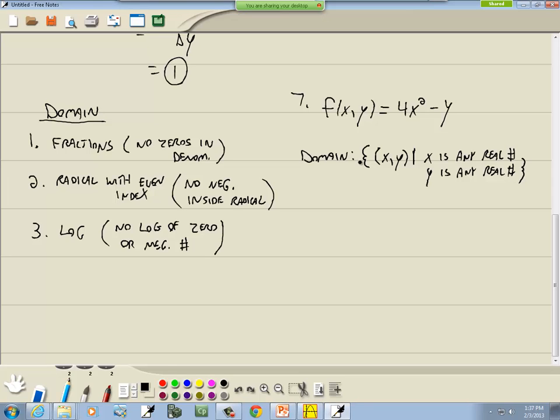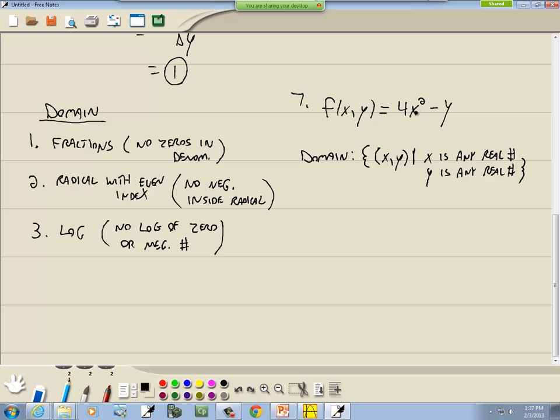Now domain is the more important one, and range is the harder one to find, because range is driven by the domain. Usually domain is what tells us what are the acceptable values you can put in there. And then the z doesn't have any choice, it just follows. Well, if I were to put in 1 for the x and 1 for the y, I'd get 4 times 1 minus 1, which is 3. I could put in negative values.